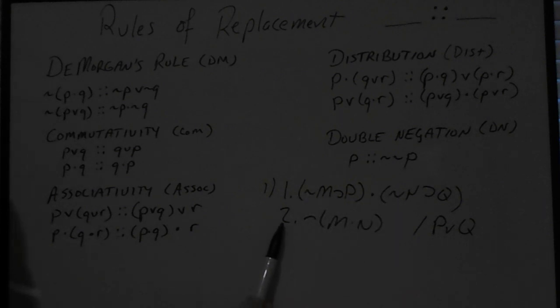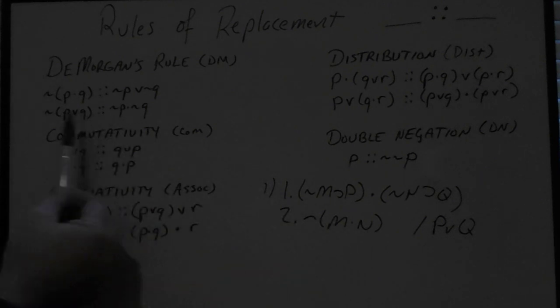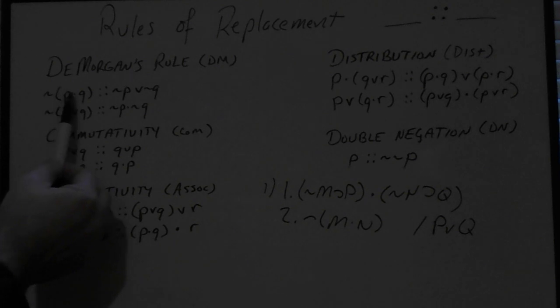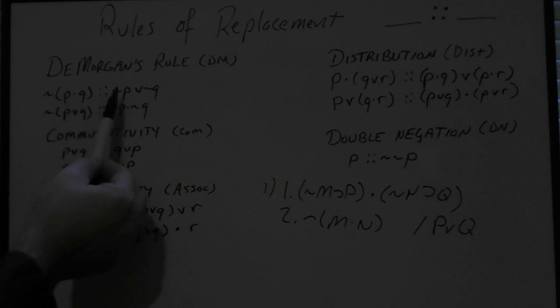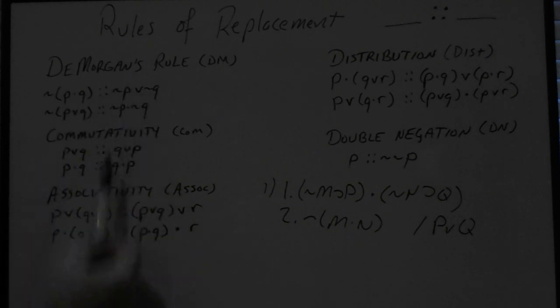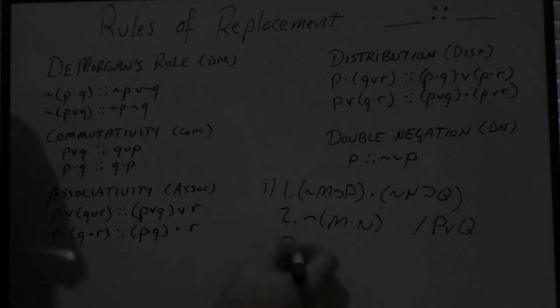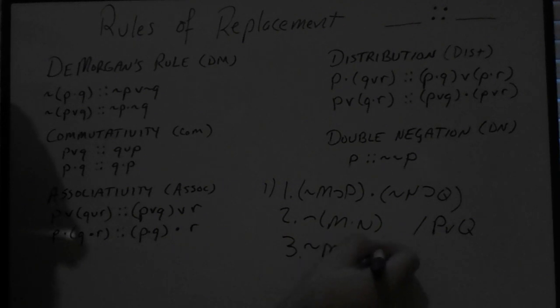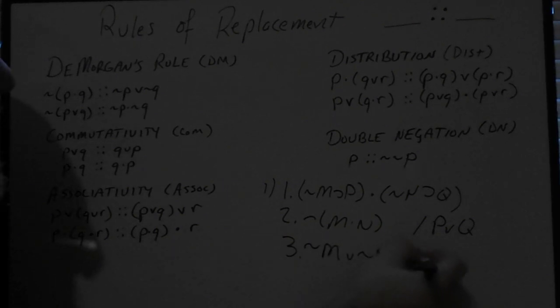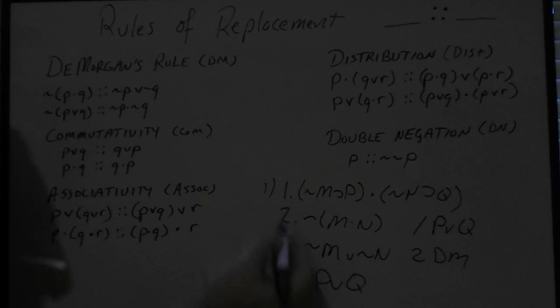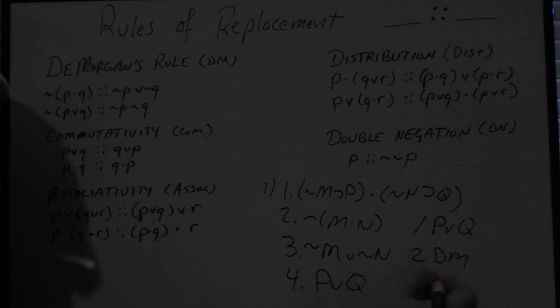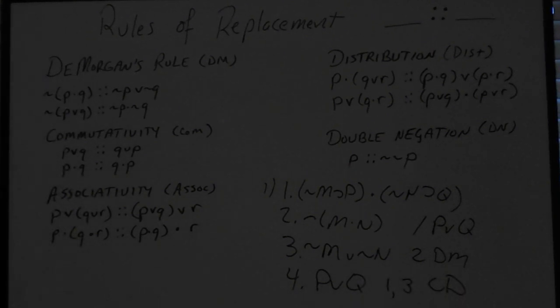What we do have, though, at the second line is not (M and N). And if I look at DeMorgan's rule, not (M and N) would be exactly the same as not M or not N. So I can use DeMorgan's rule on line 2, make that not M or not N. And now we can draw our conclusion of P or Q from lines 1 and 3 through a constructive dilemma.